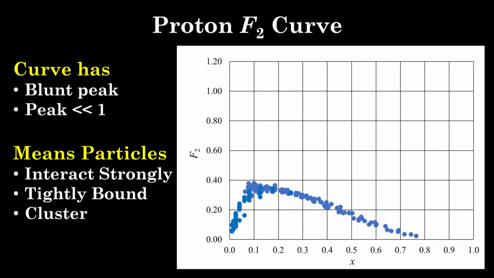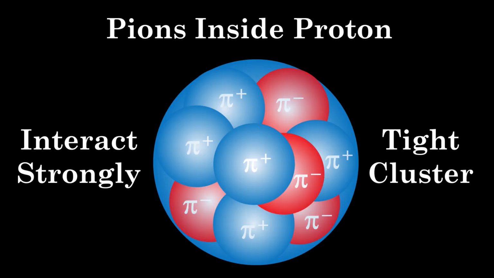The relatively blunt proton F2 curve, with a peak of about 0.36, much less than 1, indicates that the pions that make up the proton interact strongly with each other. That is, they are likely a somewhat tightly bound cluster within the proton.